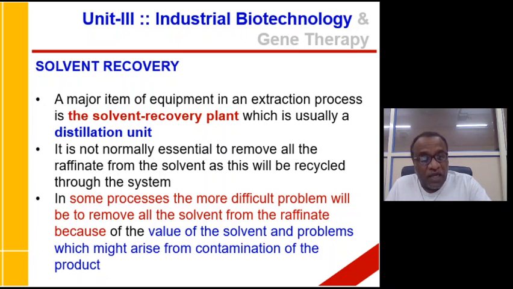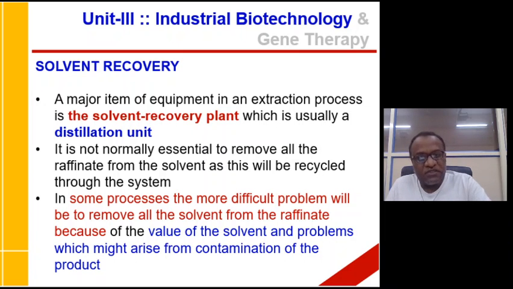number one, the solvent may be very expensive, and number two, contamination of the product. That's the reason it becomes very difficult to address the issue of the cost of the solvent and contamination of the product.